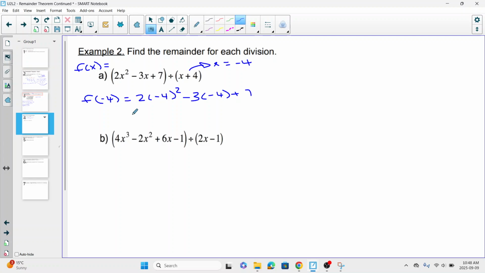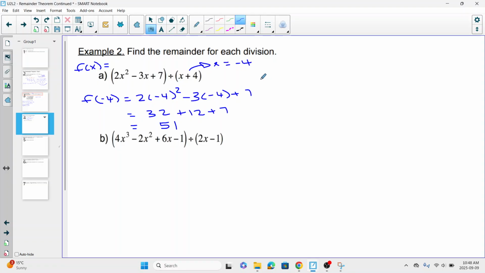Negative 4 times negative 4 is positive 16, times 2 is 32. Negative 3 times negative 4 is positive 12, and positive 7. 32 plus 12 is 44, plus 7 is 51.